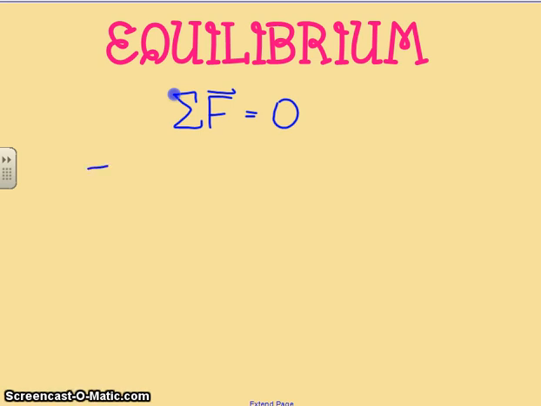Well, Newton's second law tells us that net force equals mass times acceleration. And mass can't be 0, or else we wouldn't have an object that we're talking about. So if I combine these two facts, an object that is in equilibrium has no acceleration.